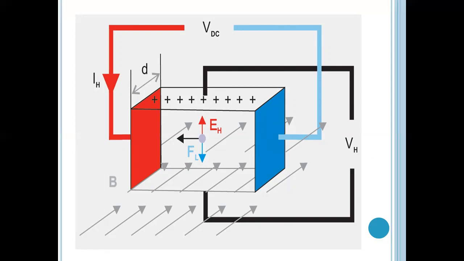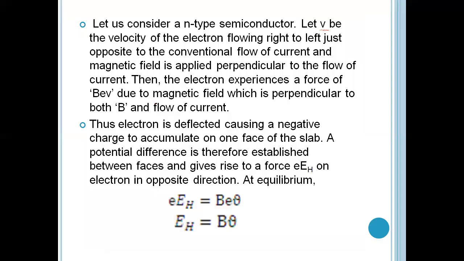To find out how much Hall voltage is produced in the circuit, let us consider an N-type semiconductor material. Let v be the velocity of the electrons flowing from right to left, just opposite to the conventional flow of current. The magnetic field is applied perpendicular to the flow of current. Electrons are moving from right to left, the flow of current is from left to right, and the magnetic field is applied from front to back side of the semiconductor cube.